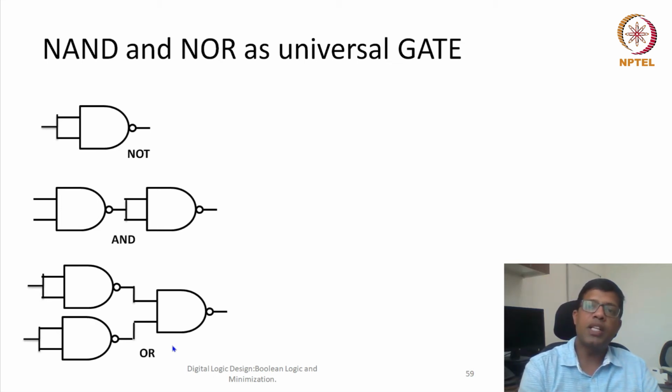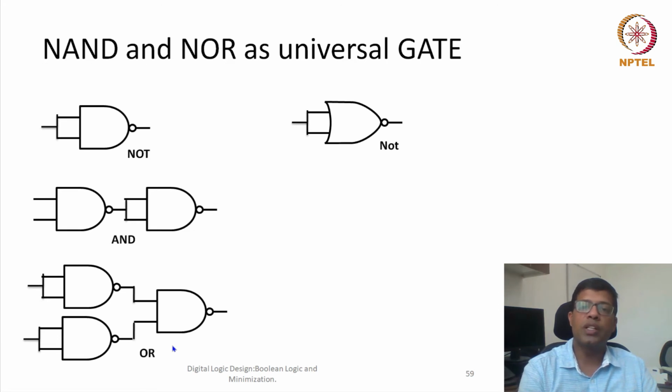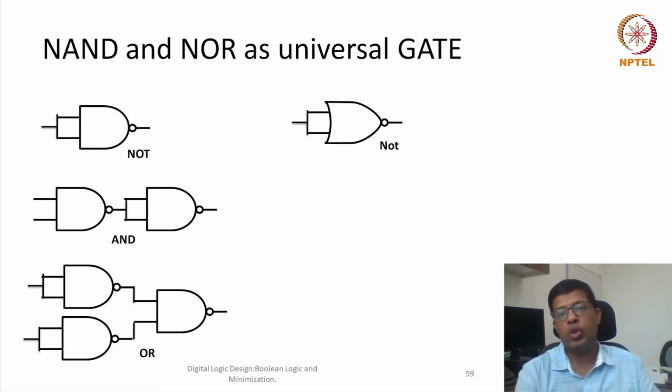So very similarly, similar things would happen in the case of NOR gate. In a NOR gate also, a plus a is equal to a, so that means this also does not have any value, but because of this inverted output, if I tie both the inputs of my NOR gate, it will also effectively work like a NOT gate.